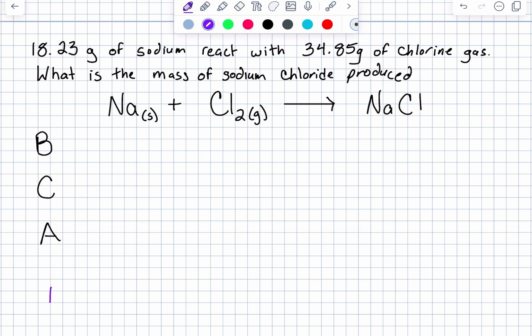And so I have 18.23 grams of sodium. And I know that the molar mass is 22.99 for sodium, meaning that there is 22.99 grams of sodium in every 1 mole of sodium.